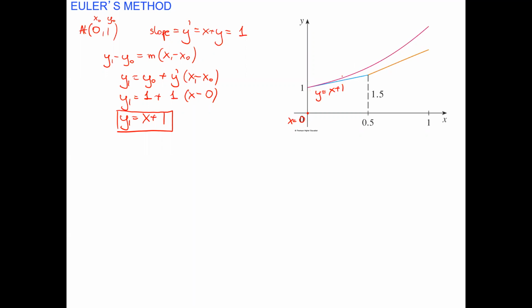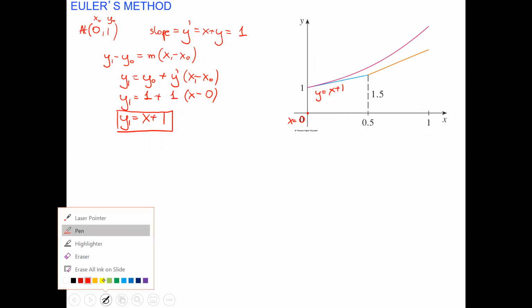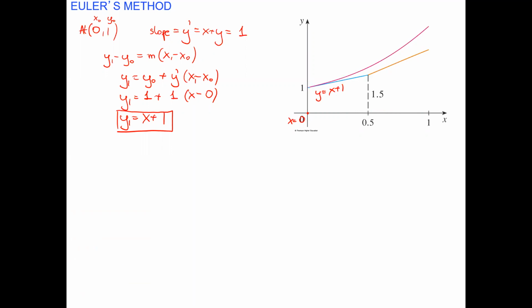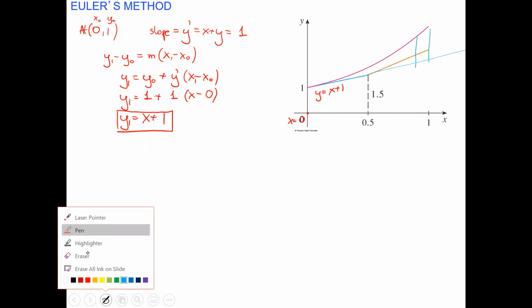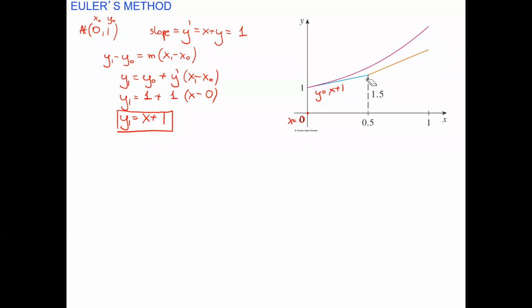It's quite close. However, if I go a little bit further, the blue line will not be as helpful, because we can see the difference between the curve and the blue line getting bigger. So we can stop at some point.